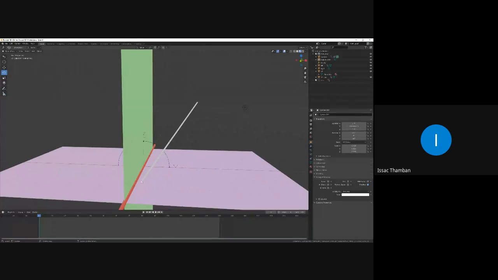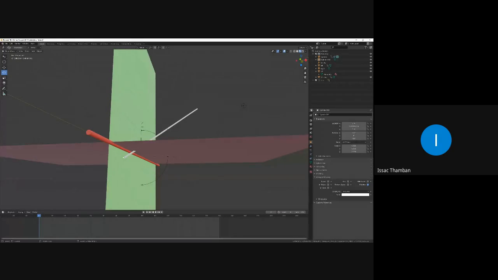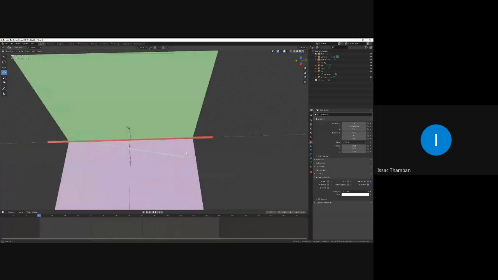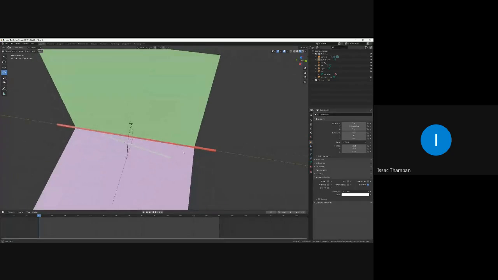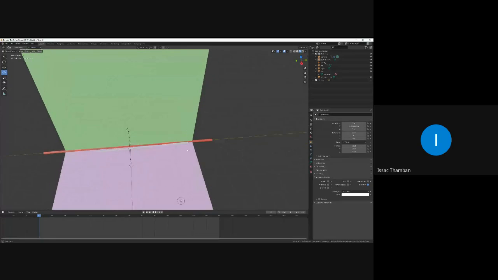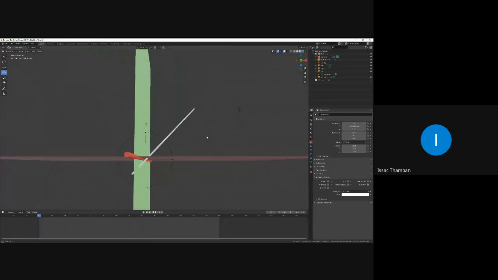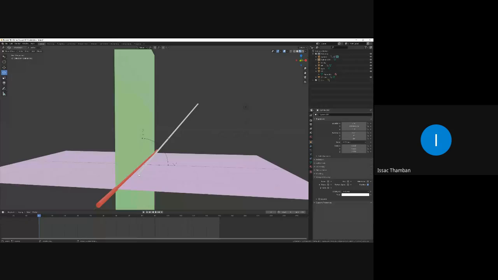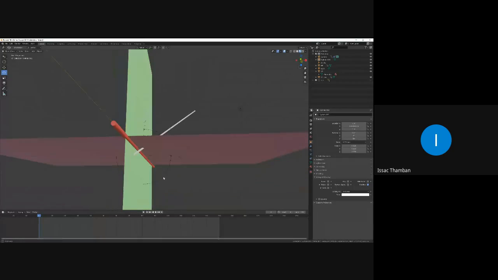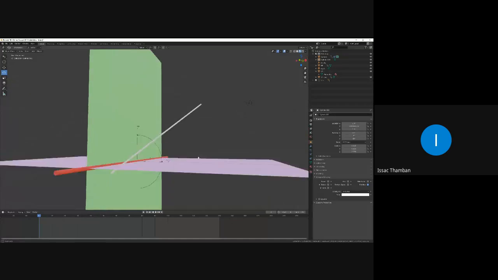This is the horizontal trace, and this is the vertical trace. So that is the explanation of this horizontal trace and vertical trace. Can you see this? Yes, sir. This is the horizontal trace, and this is the vertical trace.